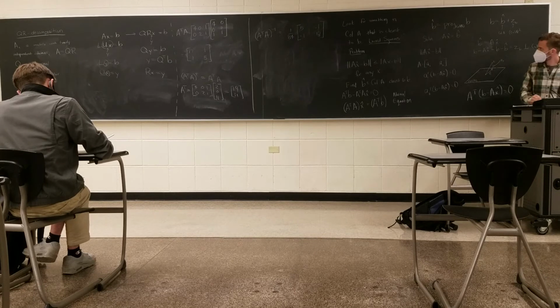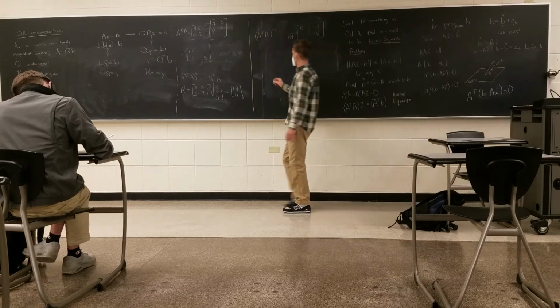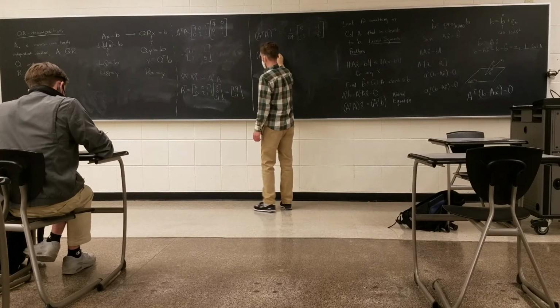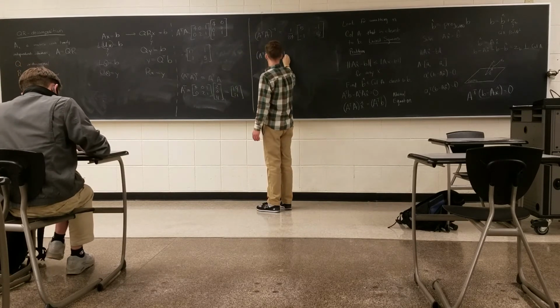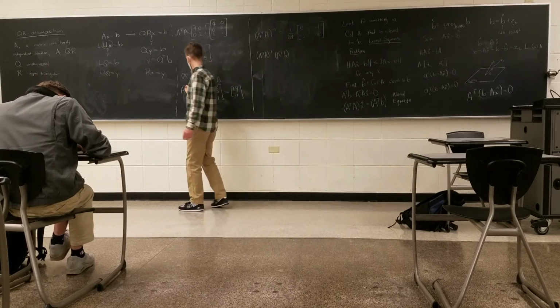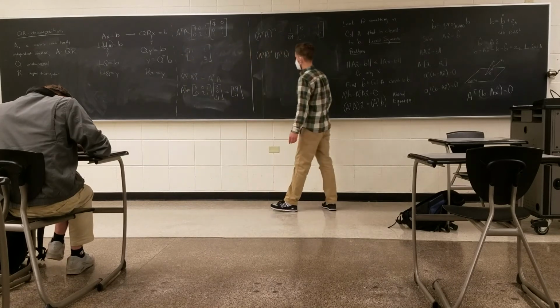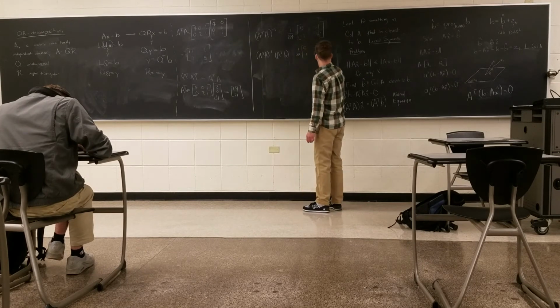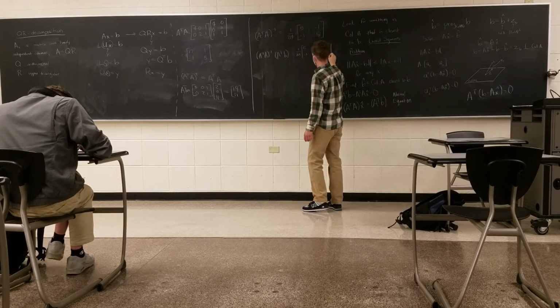Okay, so finally, A transpose A inverse times A transpose B should give us our solution. I didn't write that either. A transpose B. So this is 1 over 84 times 5, minus 1, minus 1, 17, times 19, 11.